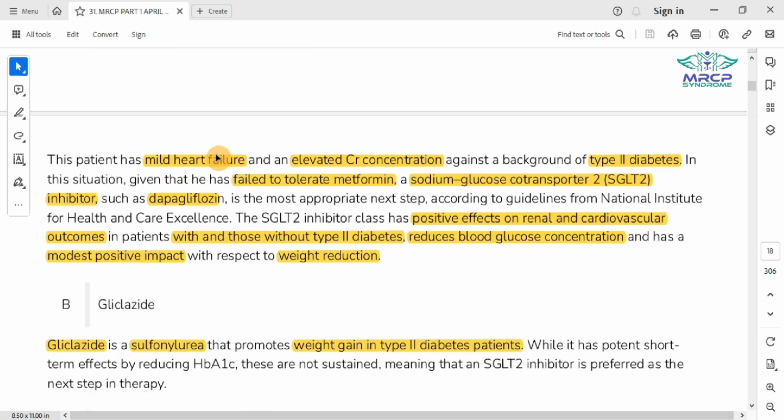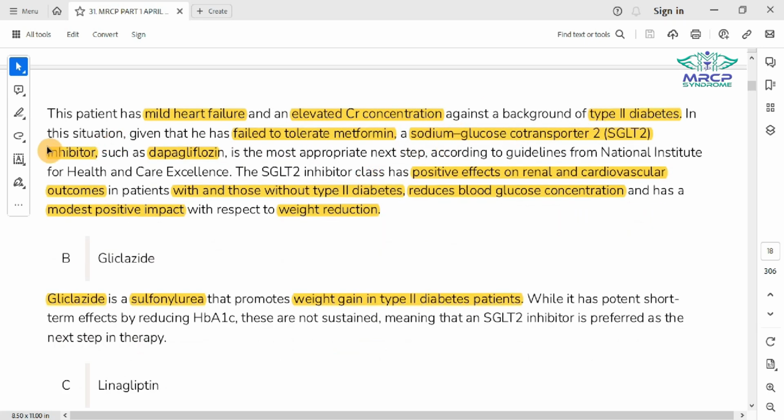This patient has mild heart failure and an elevated creatinine concentration against the background of type 2 diabetes. In this situation, given that he has failed to tolerate metformin, an SGLT2 inhibitor such as dapagliflozin is the most appropriate next step according to the NICE guidelines.